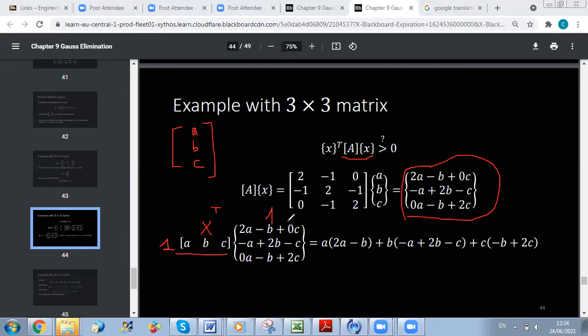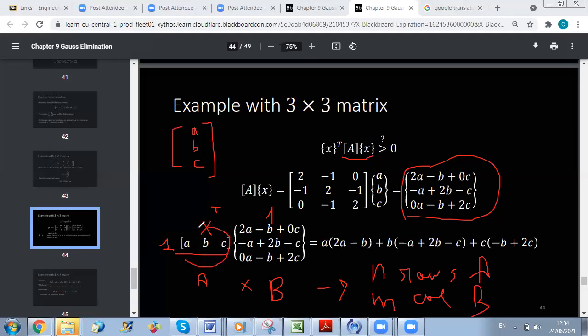So your result will be a number, because when you multiply a matrix A by a matrix B, the result will have the same number of rows of A and the same number of columns of B. And since your A matrix has one row and your B matrix has one column, the result will be one row, one column, meaning one number.